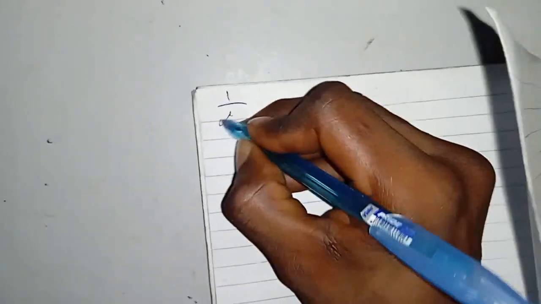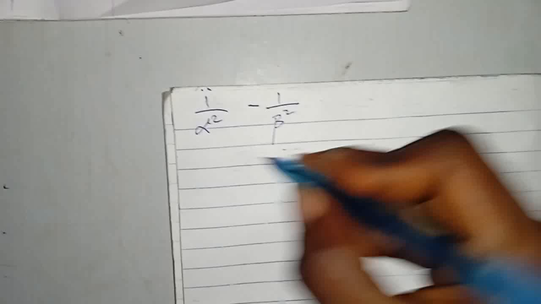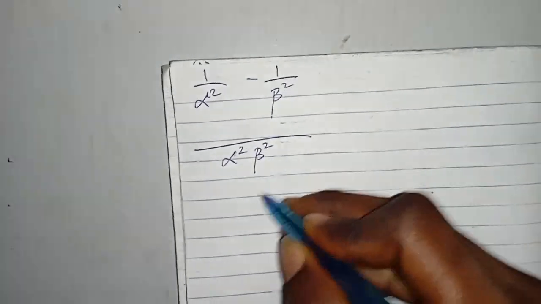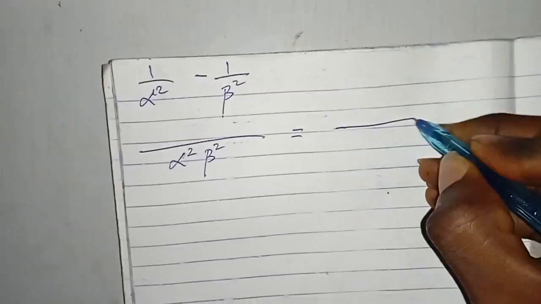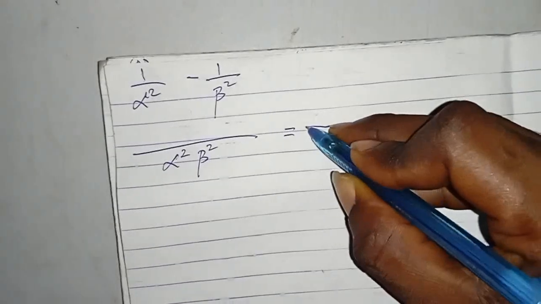So 1 over alpha square minus 1 over beta square. This is going to be the same thing as saying alpha square beta square, and this is the same thing as saying alpha beta all square.